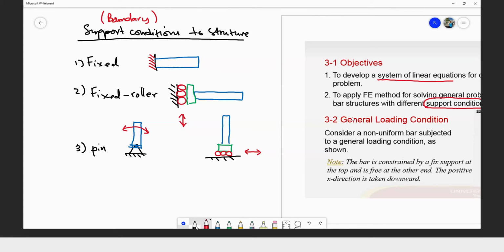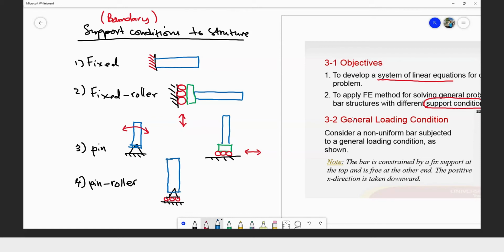And then we can have another number 4, pin roller. So in the case where we have pin roller, our symbol that we use for the pin roller is as shown here. Kita ada pin, and then kita ada macam tayar ni, roller, and then our structure is attached to the pin.